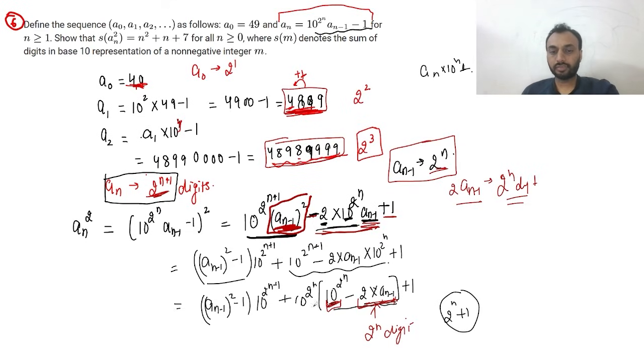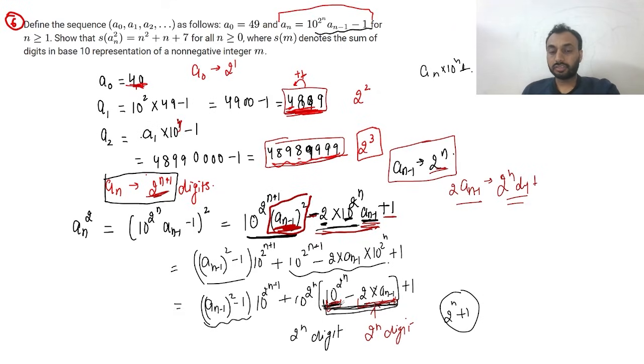And that will also not affect the digits of this number, because after the subtraction, when we subtract these two numbers, ultimately you will get a 2 power n digit number only.